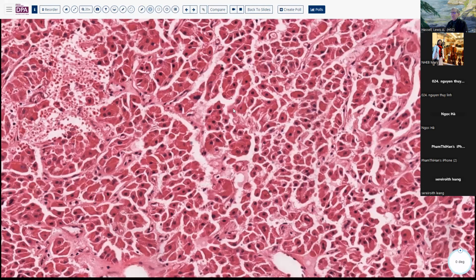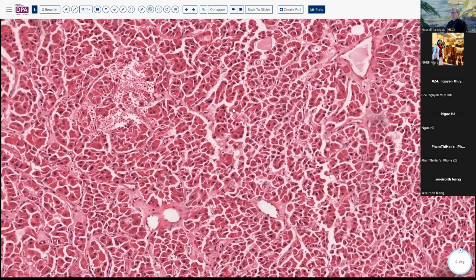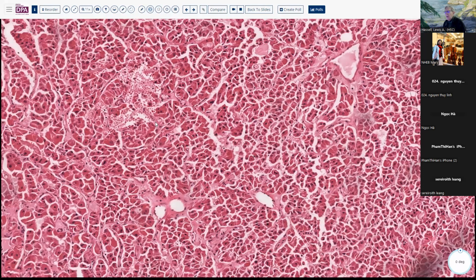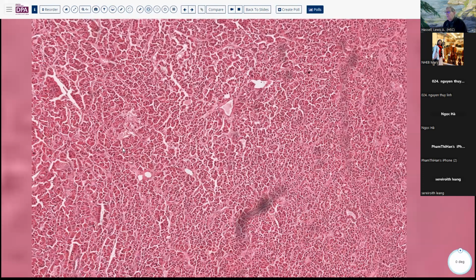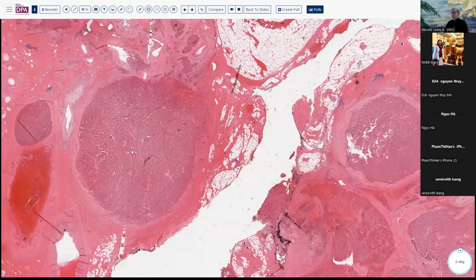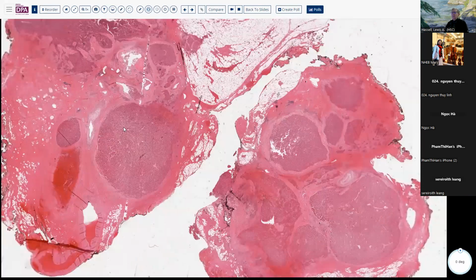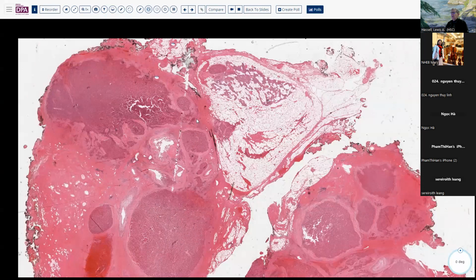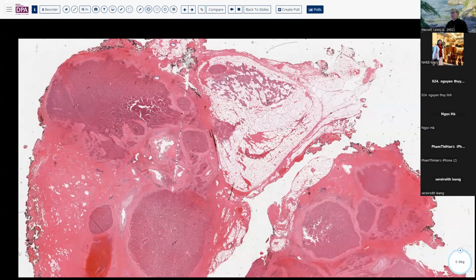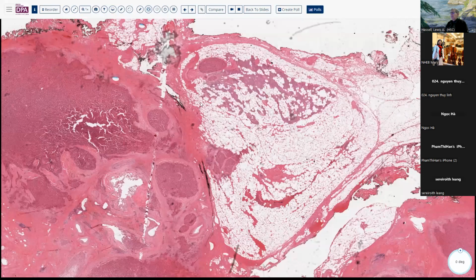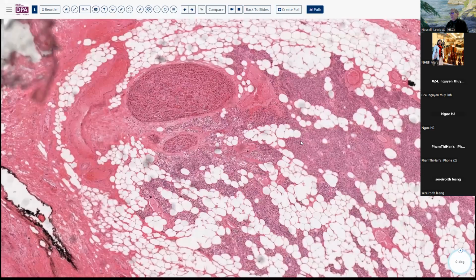So if you just have a fine needle aspiration of this lesion with lots of oxyphilic cells, you might just say, oxyphilic neoplasm. But as you can see here, this is a tumor that is extending into fat. Here we see it is invading the parathyroid gland.